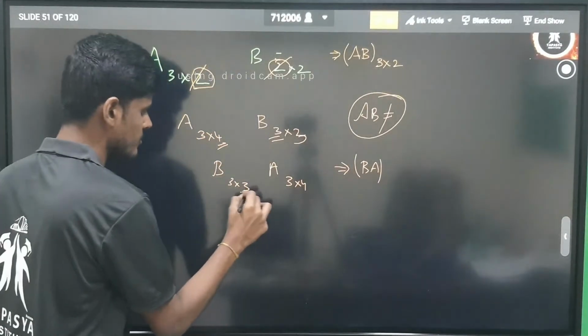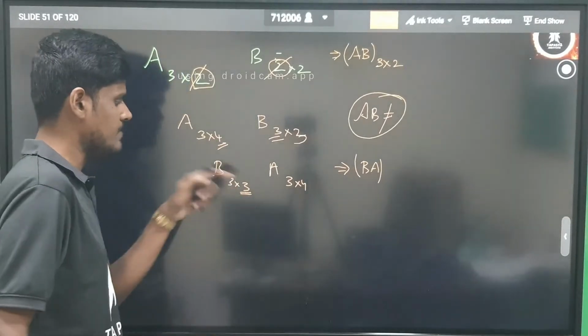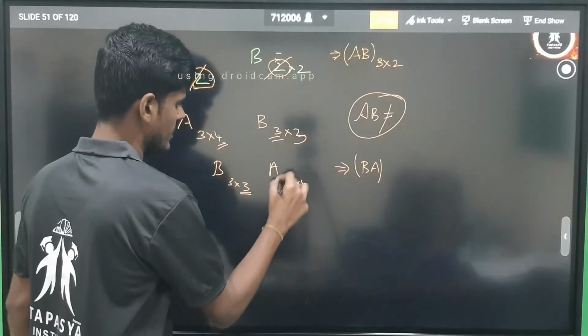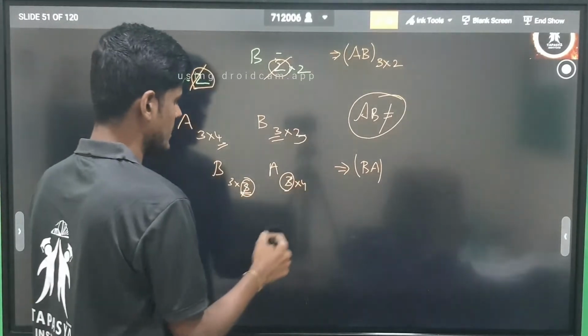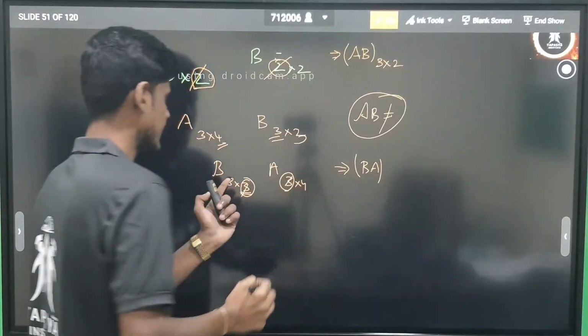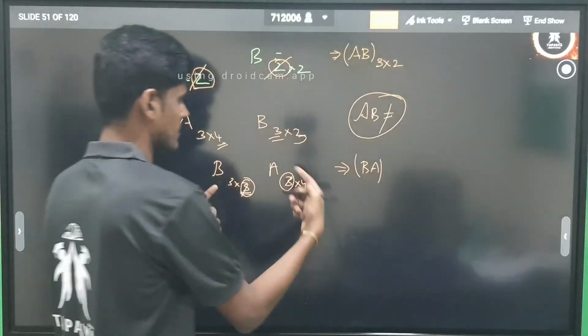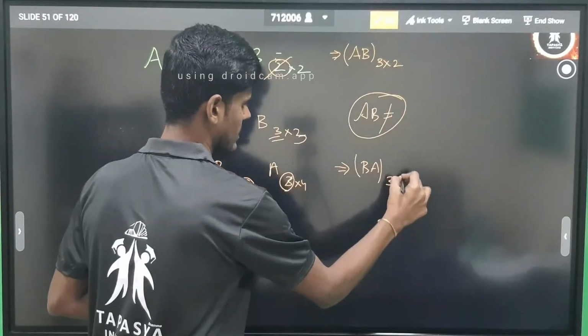Here the number of columns in the first matrix and the number of rows in the second matrix are both the same. That means the BA matrix will be of order: take the number of rows of the first matrix and columns of the second matrix. That will be 3 cross 4.